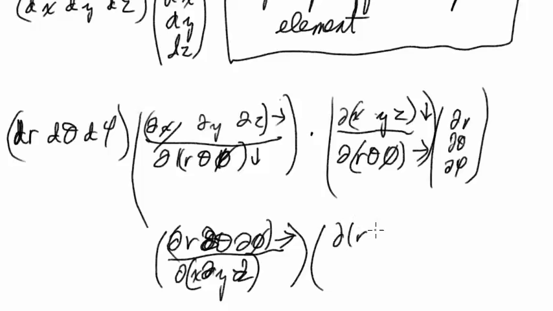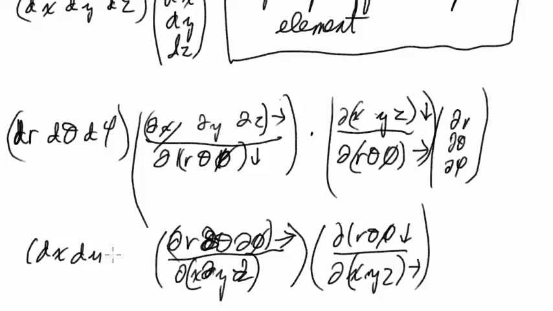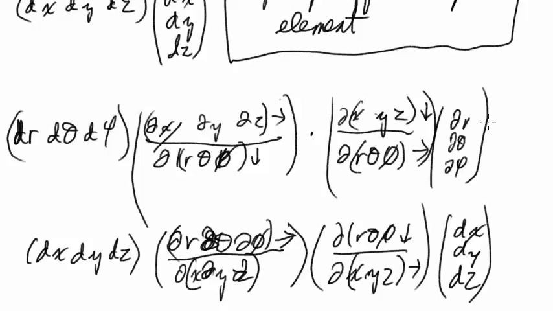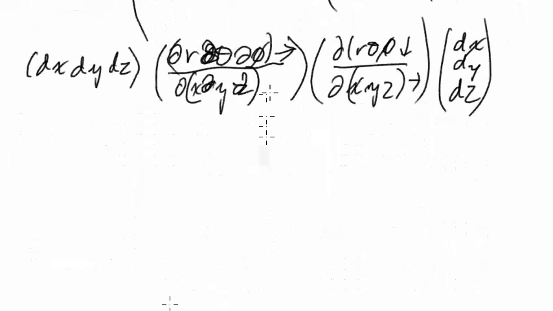Del r theta phi going down, del x, y, z going across, and then we'll have dx, dy, dz there, dx, dy, dz going there. What does this give you? If you take the inverse of this thing as they suggested, so this is the description of that tangent plane, right? Because we're going to say dx equals 0 and just ignore that top thing there.